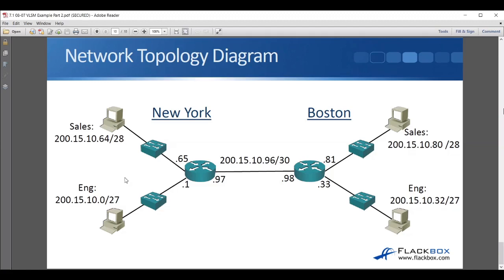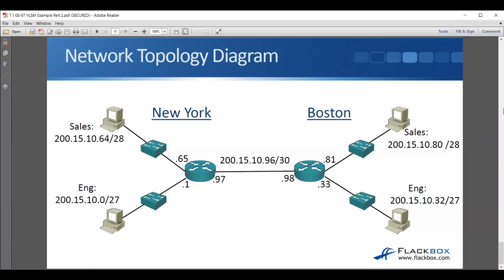Here /28, here /27, here /30. Likewise, according to the requirement of the IP addresses, they have varied the network prefix accordingly to avoid wasting IP addresses. So this is called variable length subnet masking, right?